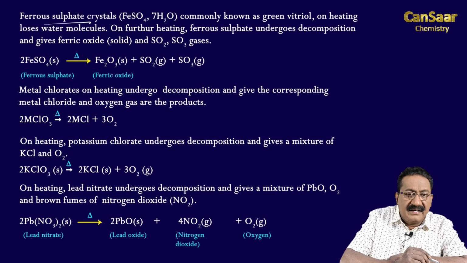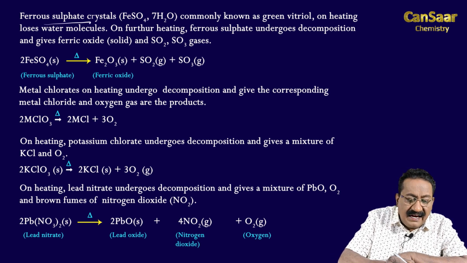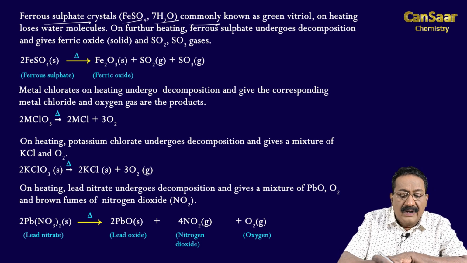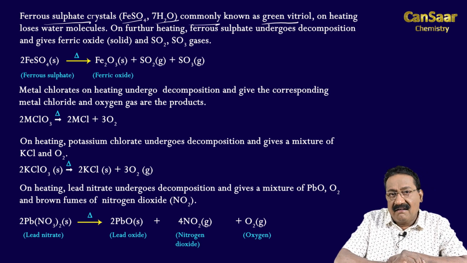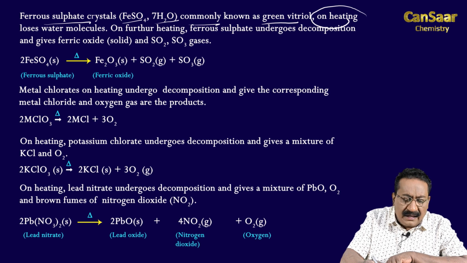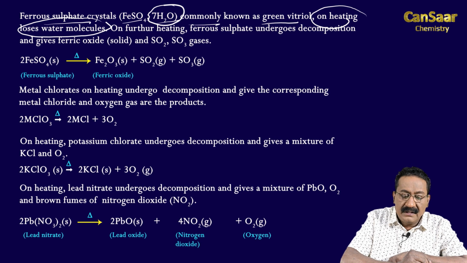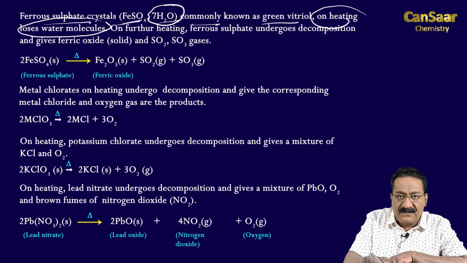Ferrous sulfate crystals, that is hydrated ferrous sulfate, commonly known as green vitriol, on heating lose water molecules. This 7H2O is out. Left out is FeSO4, ferrous sulfate.